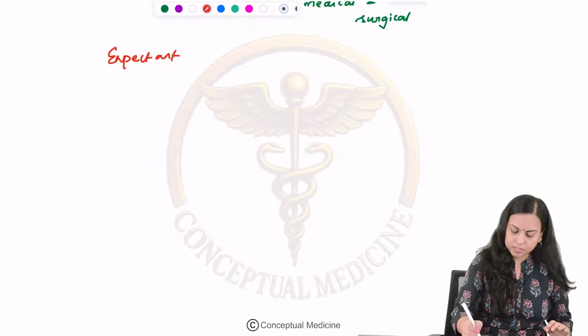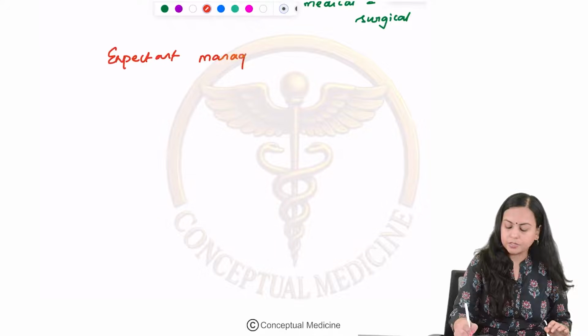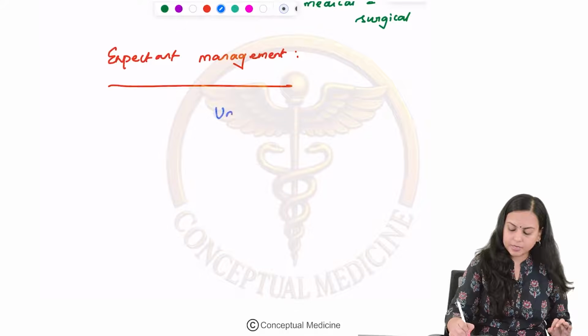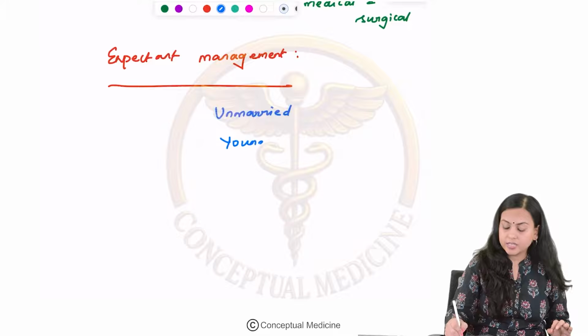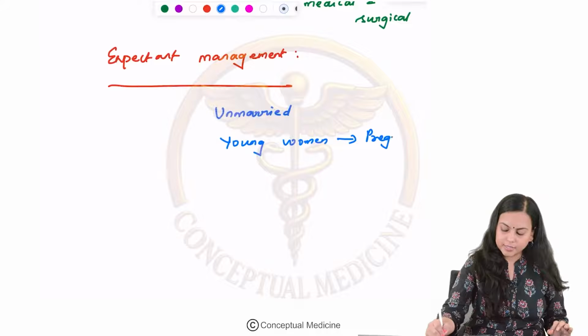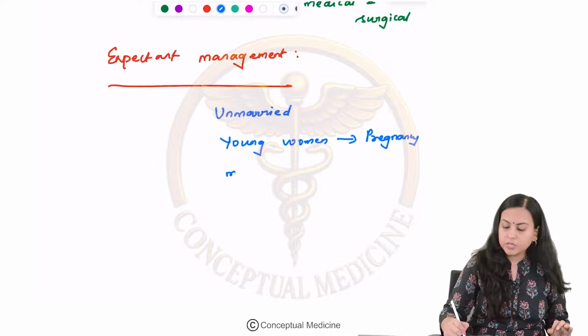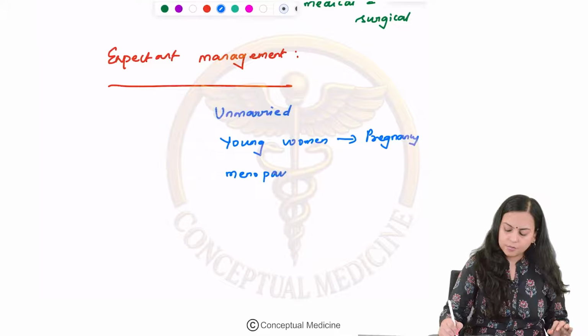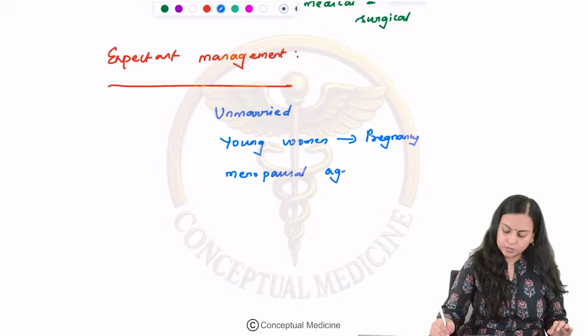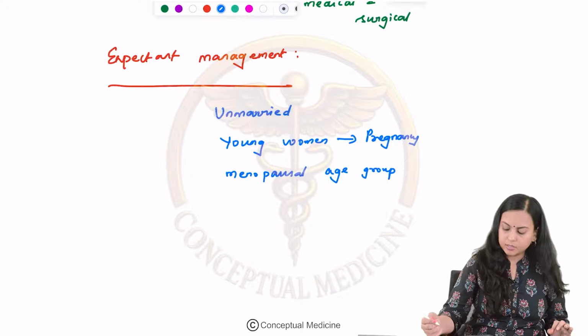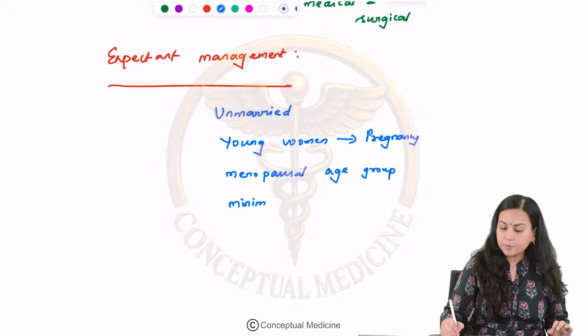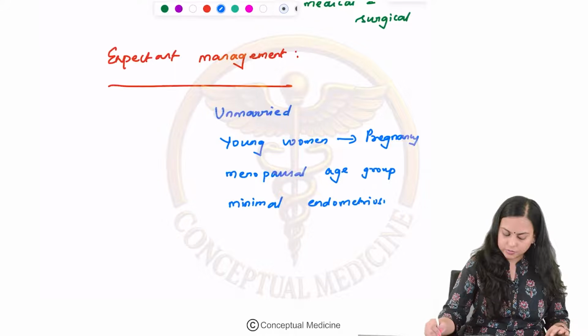Now let's see about the expectant management. When will you try expectant management? When the female is unmarried and she is a young woman who is planning her pregnancy, she is of the perimenopausal age group and there is minimal endometriosis.